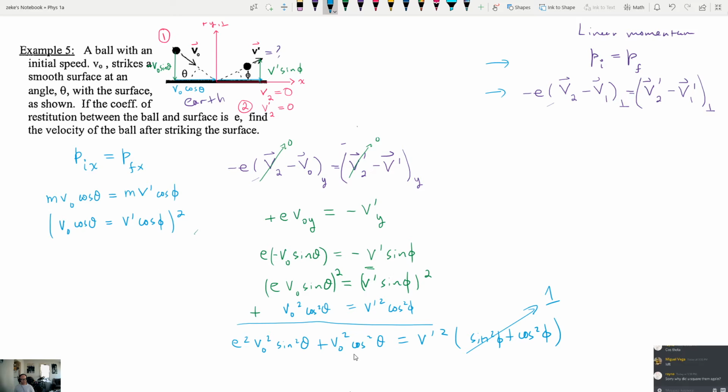I squared them random because I think any other thing that I do is going to eliminate the thing we're solving for. You know what I mean? Because v prime shows up in both equations in the same way.